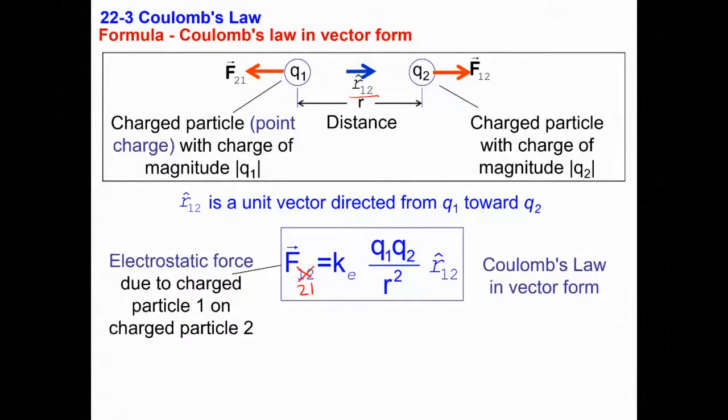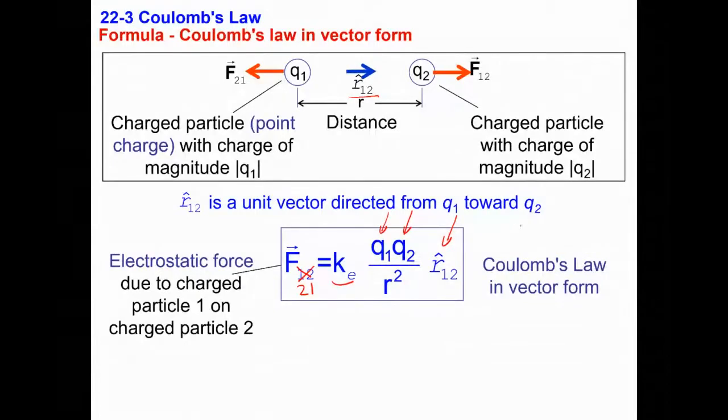Okay, so he found that this force is equal to K, which is a constant, times Q1. We did not use the magnitude now, so that it can be positive or negative. Q2 can be positive or negative, times the unit vector R12. Notice R12 is going from Q1 to Q2, and divided by the distance squared. Okay, so let's take a couple of examples.